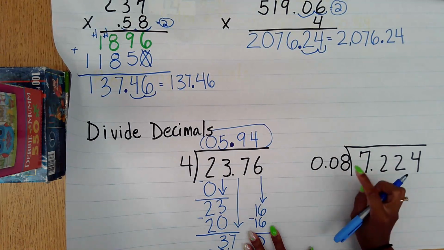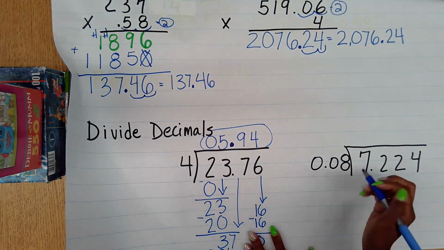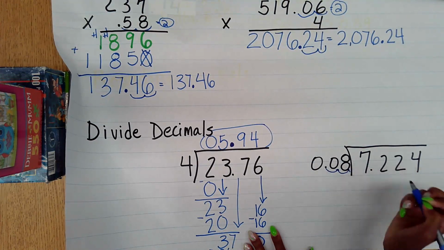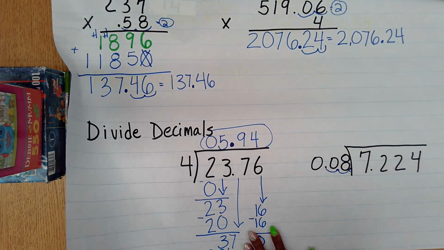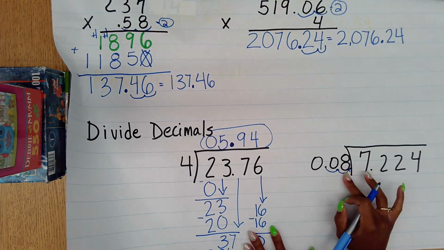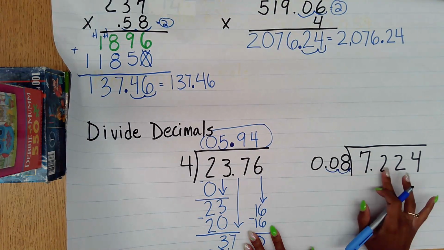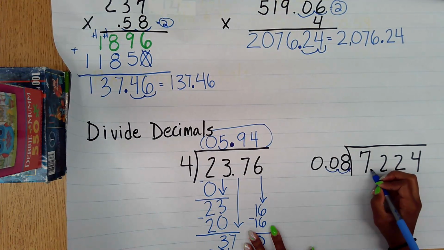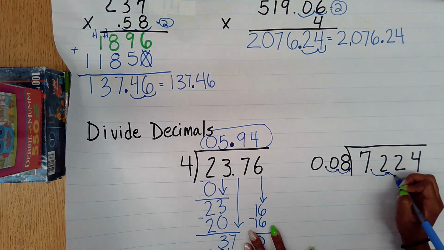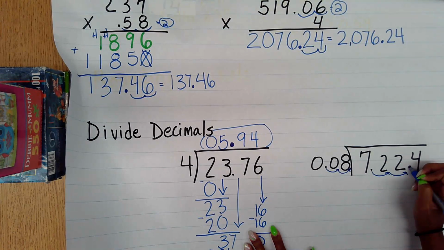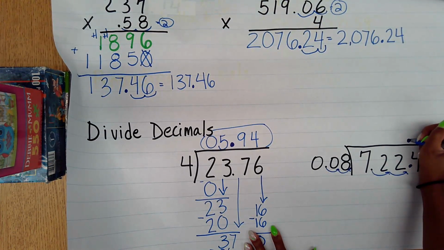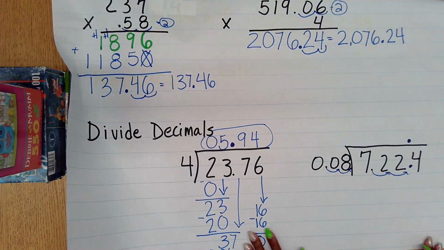If I multiply my 8 times 100, that's going to make my decimal point do 2 jumps to the right to turn it into 8. If I do that to my divisor, I also have to do that to my dividend. So I'm going to take my decimal point and make 2 jumps, just multiplying it by 100.